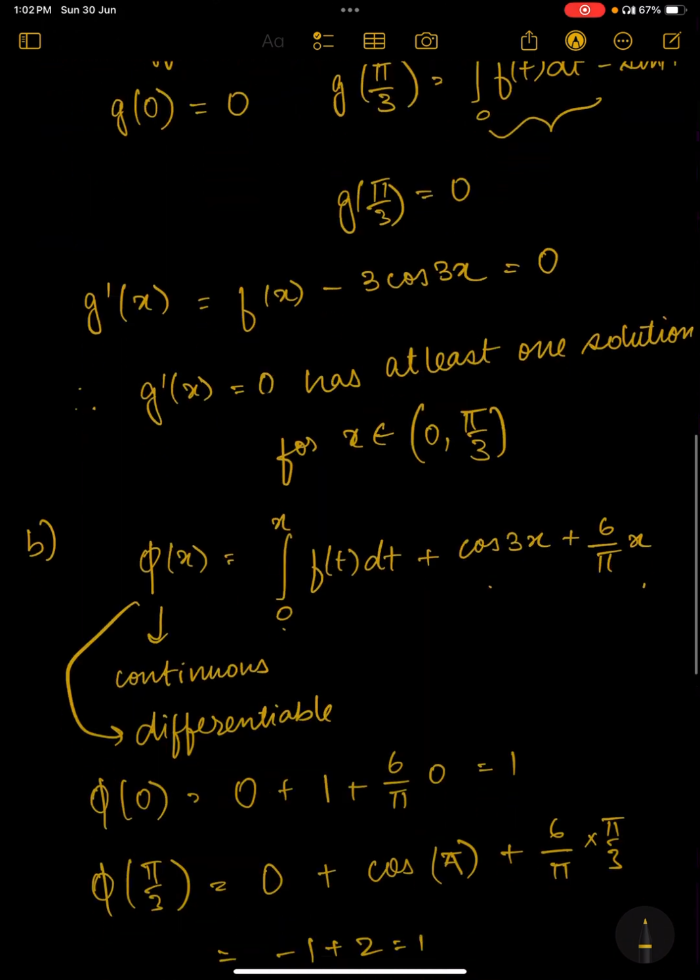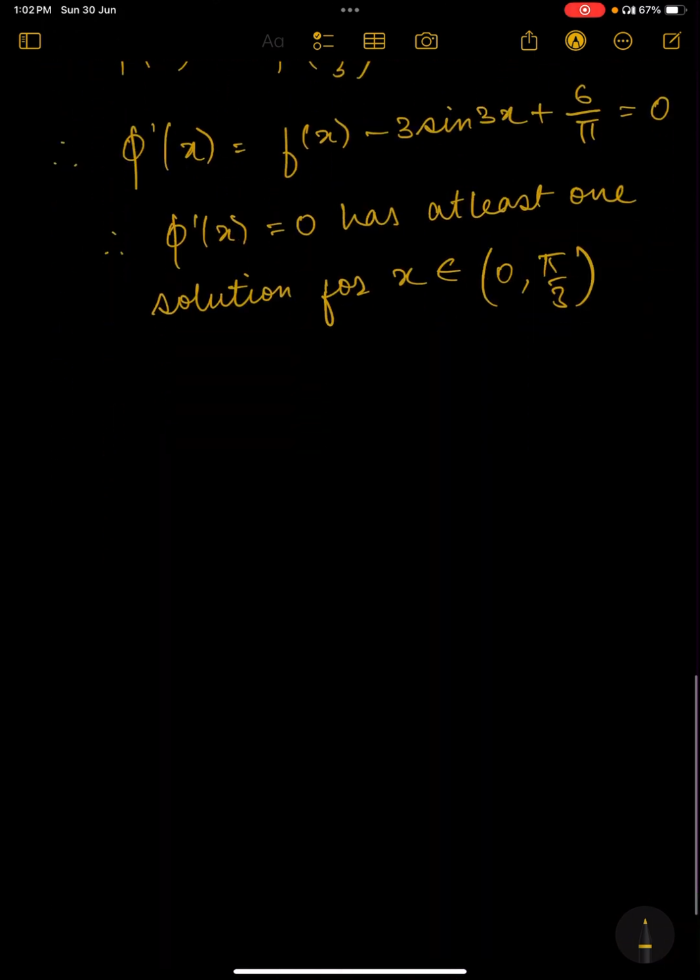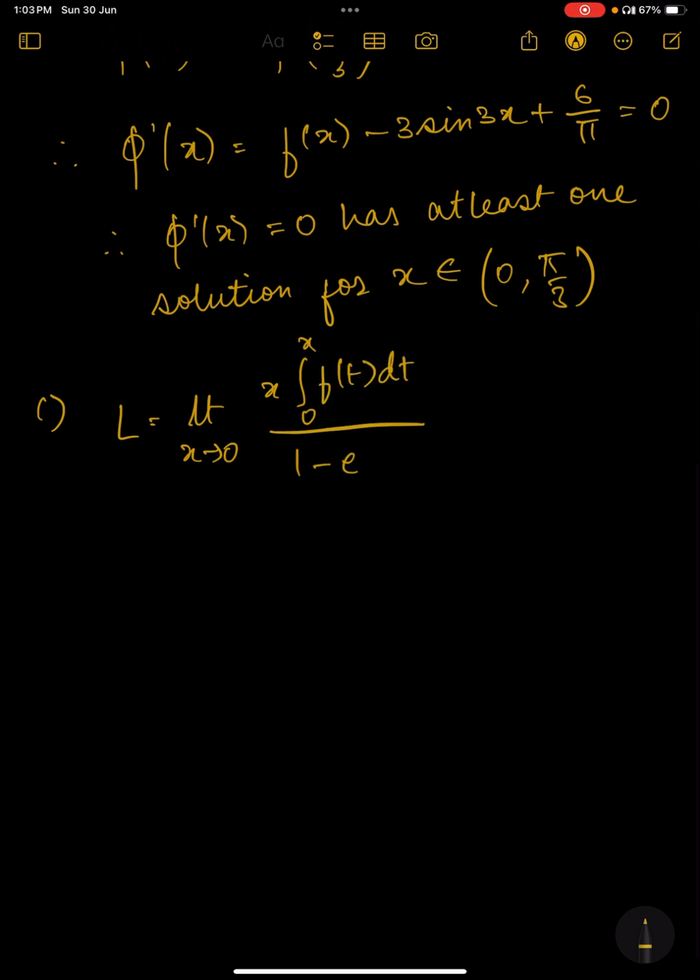Now going to option C, we have to find the limit. So this limit is fairly easy. For option C, we'll examine the limit given to us as limit x tends to 0, x integral over 0 to x f(t) dt by 1 minus e power x square. Now we'll apply L'Hospital's rule. The condition to apply L'Hospital's rule is that it should be of 0 by 0 form.